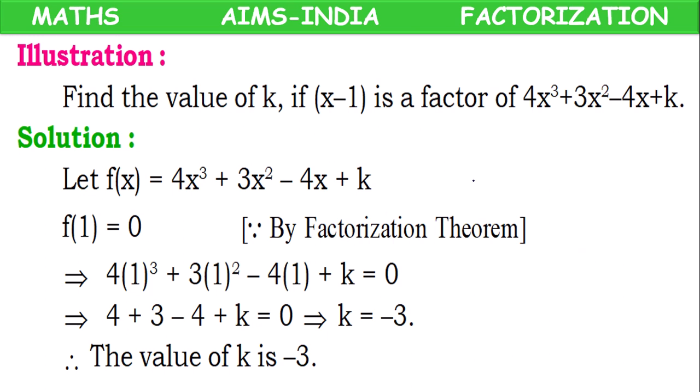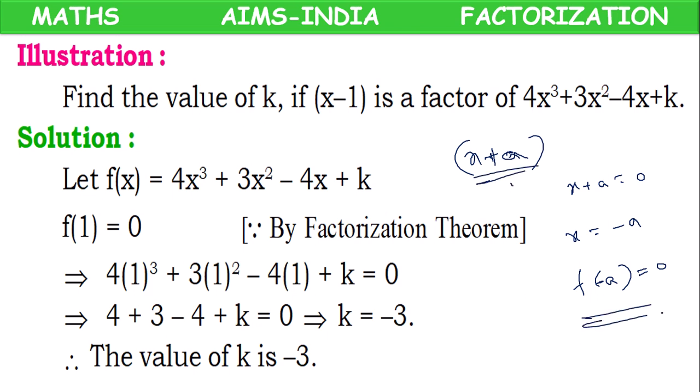Suppose if they have given x plus a is a factor, then what is the remainder? We have to take x plus a equal to 0, x equal to minus a. So f of minus a will be the remainder. If the factor is x plus a, then the remainder will be f of minus a.